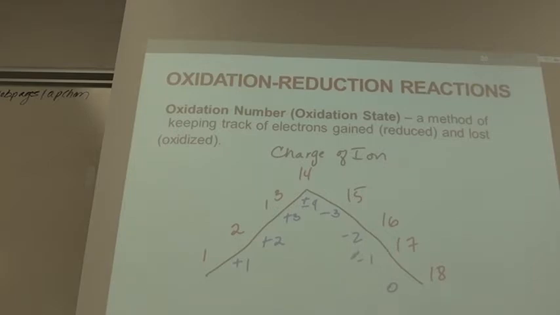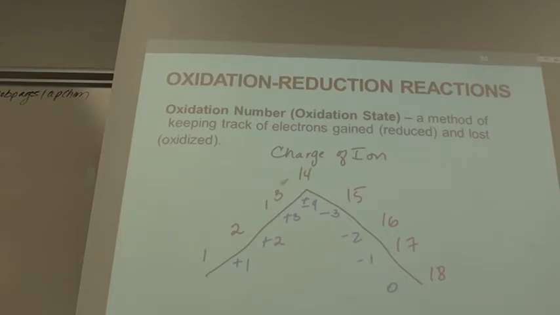That second rule that says B, monoatomic ions have an oxidation number equal to their charge. This is what we're talking about. Here's their charge. So anything in group 2 that has a +2 charge has an oxidation number of +2.